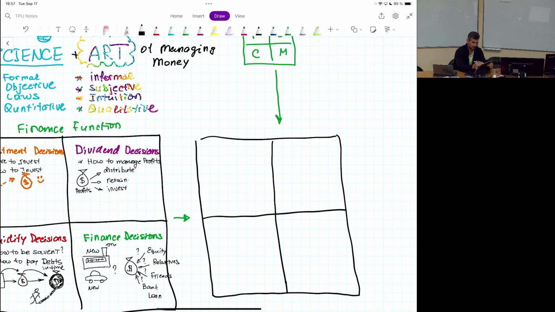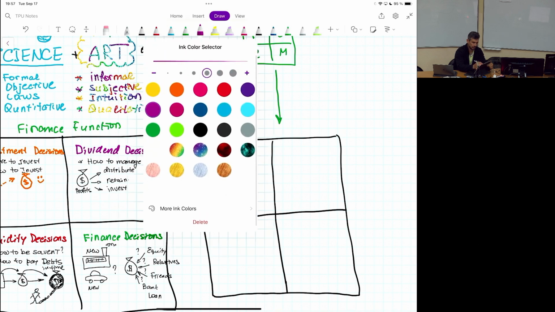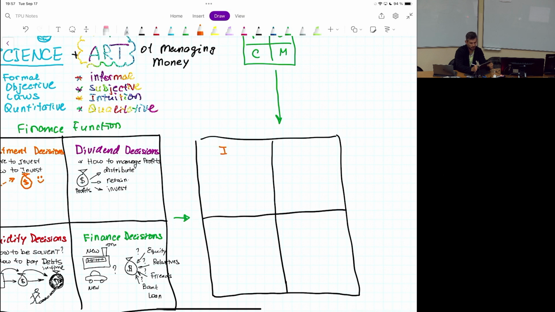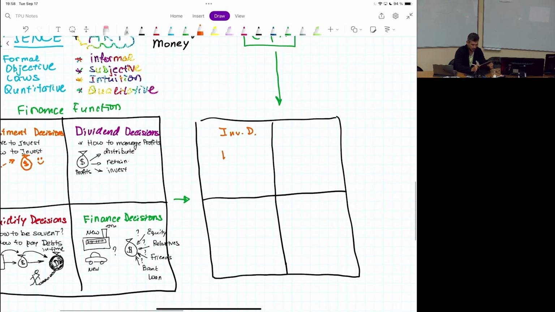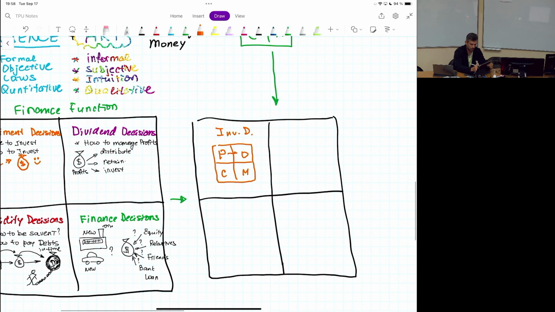So on the one hand, I will do the short version, investment decisions. And for investment decisions, we still need planning, organizing, motivating, and controlling activities. So you need to plan investments. You need to organize investments. If you have a department with people, you need to manage your staff who deals with investments. You need to control your investments. So you perform management functions in this area.